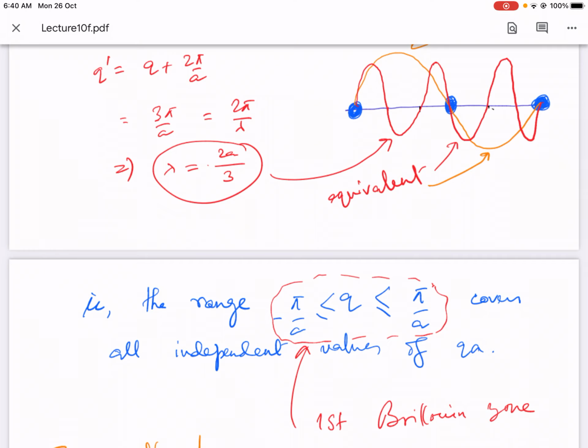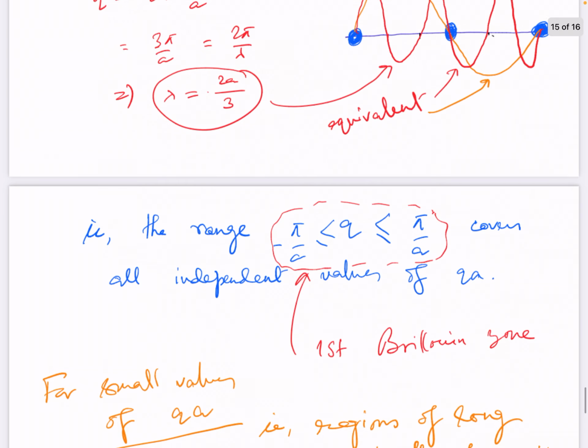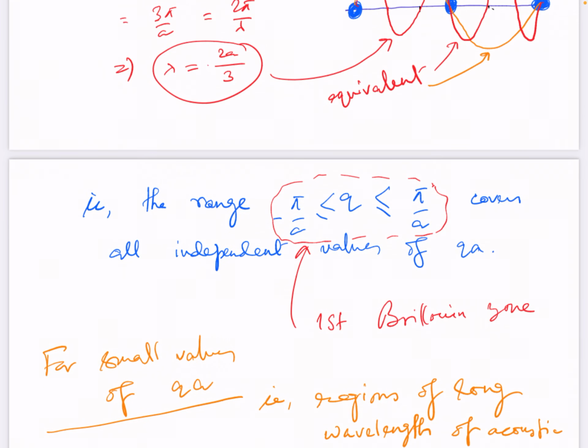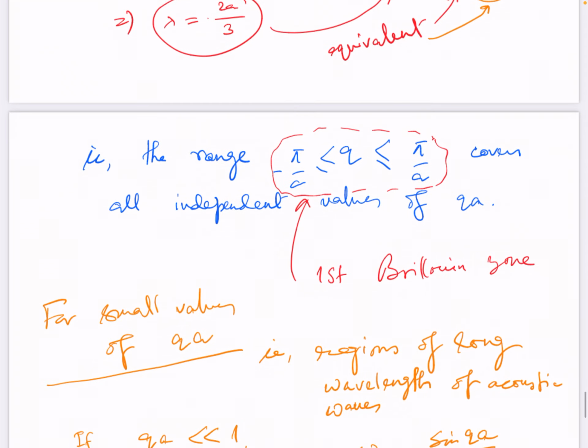So in this case of lattice vibration, this is what we call the first Brillouin zone again. The values are pretty similar, but don't get confused. This is the lattice vibration wave vector, and the other case we discussed earlier is the electron wave vector in solids.